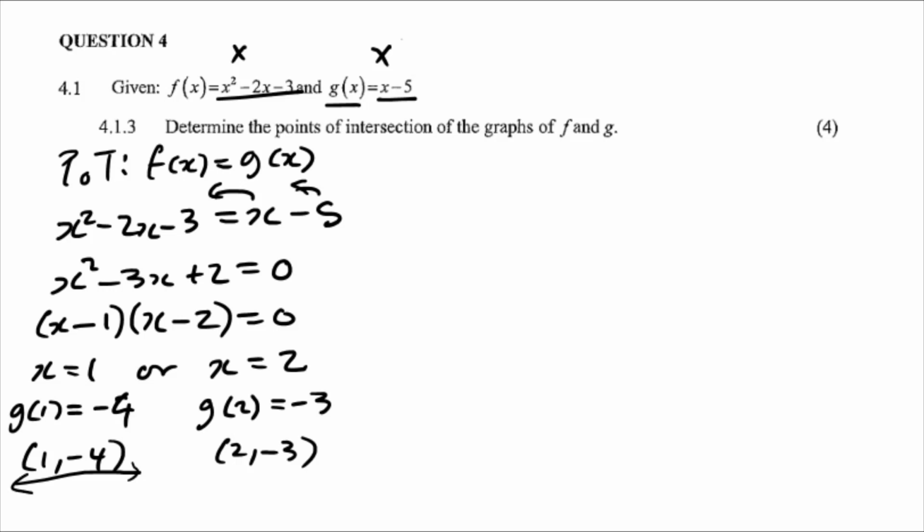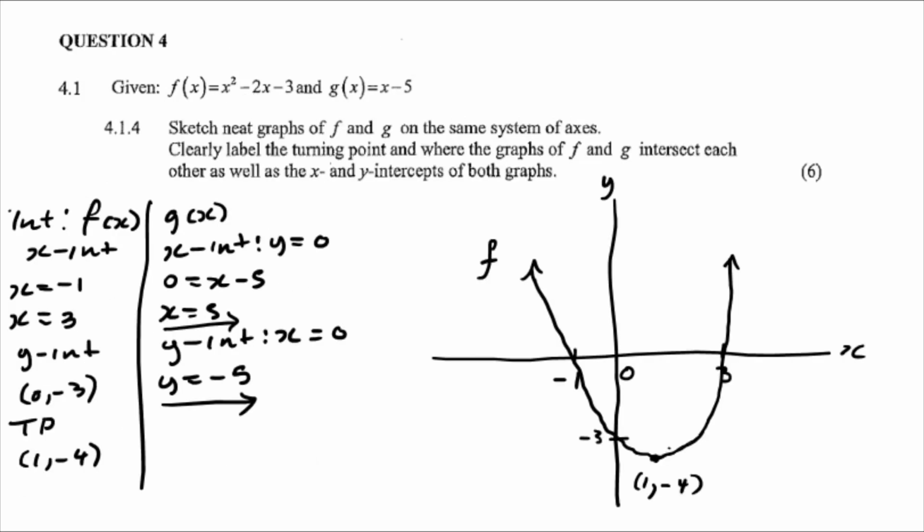So meaning that now the linear function will intersect the parabola at x is 1 and y is -4. So the function will go like this. So that's what we have over here, and now we'll have a y-intercept of -5 and an x-intercept of 5. So that's how we sketch our two functions here.